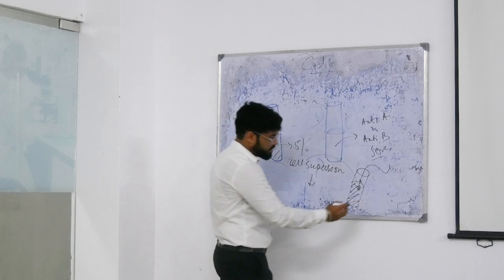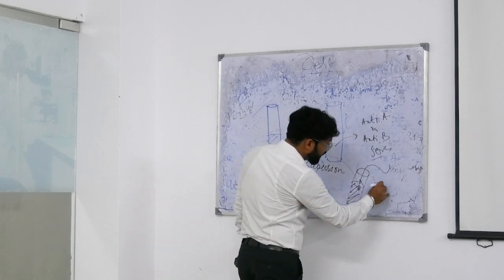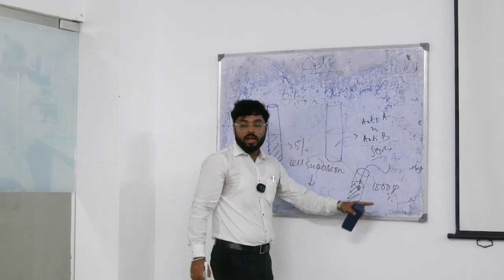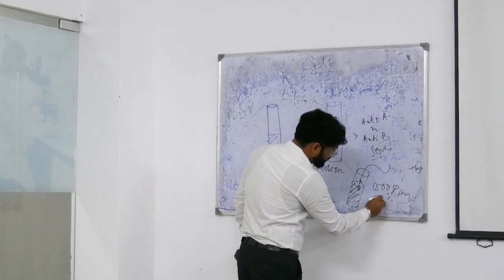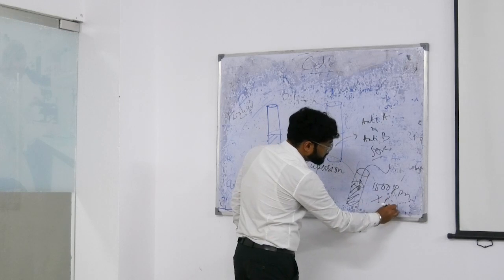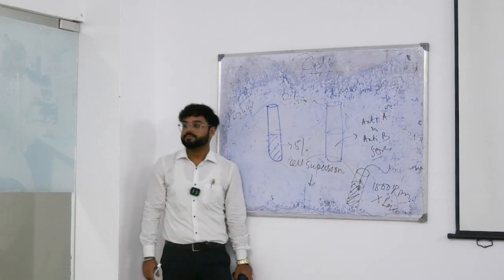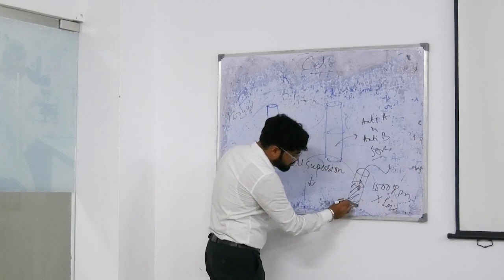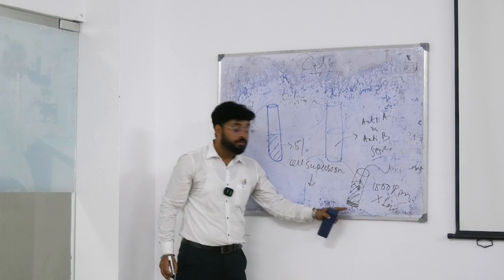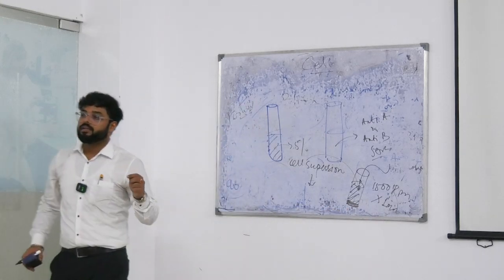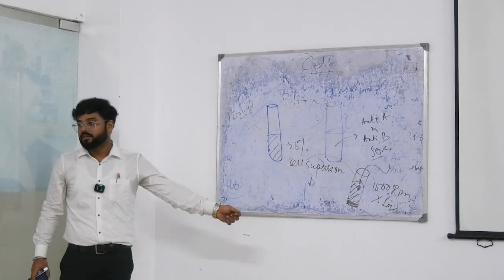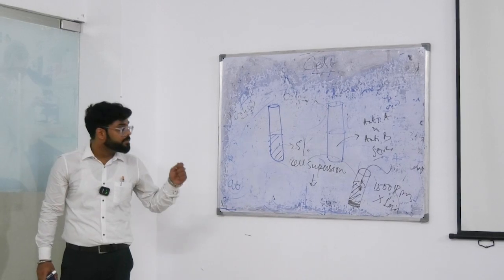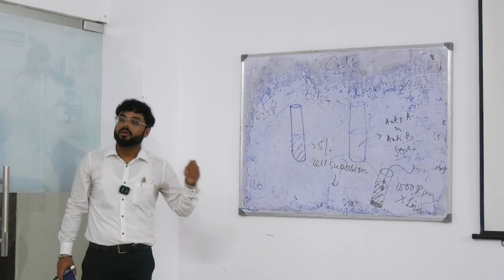This solution is centrifuged at 1500 RPM for 1 minute, and we look for whether any deposit is present in the test tube or not. A visible deposit either present or not.